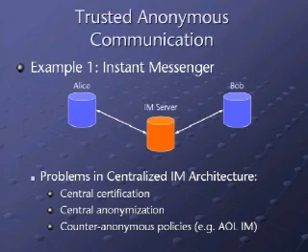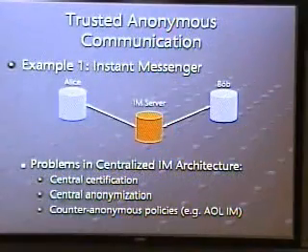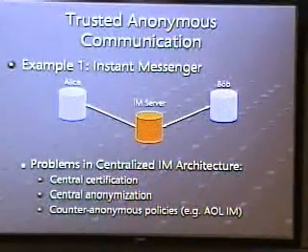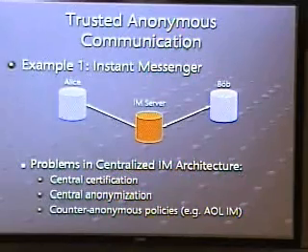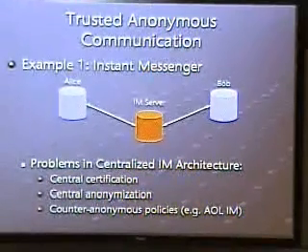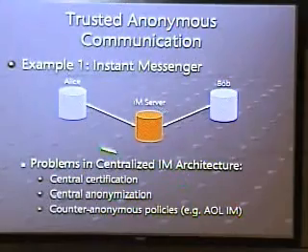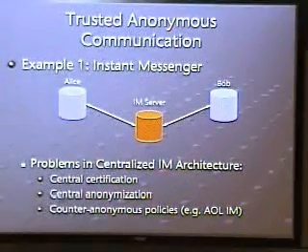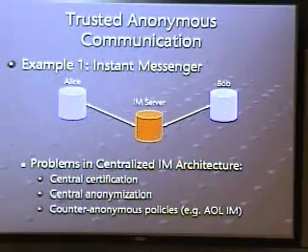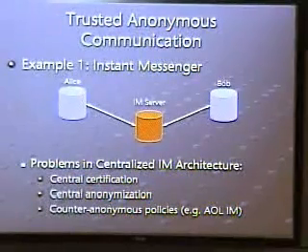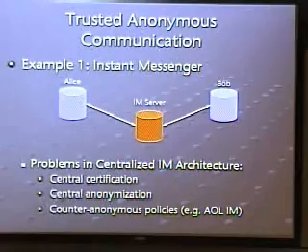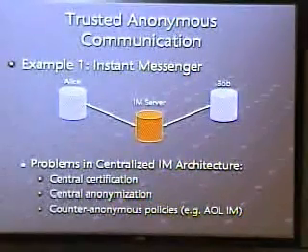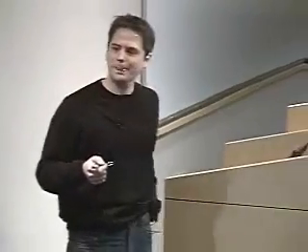The first example application is an instant messenger application. The problem with this architecture right now is that there's a centralized instant messenger server, and everybody connects to it. The interesting thing is that there are lots of counter-anonymous or not really privacy-protecting policies.